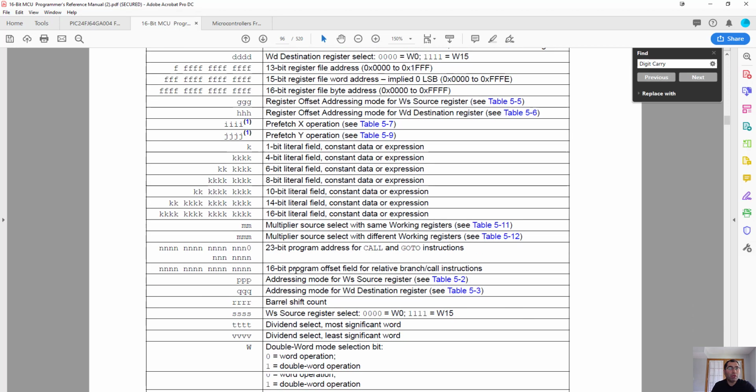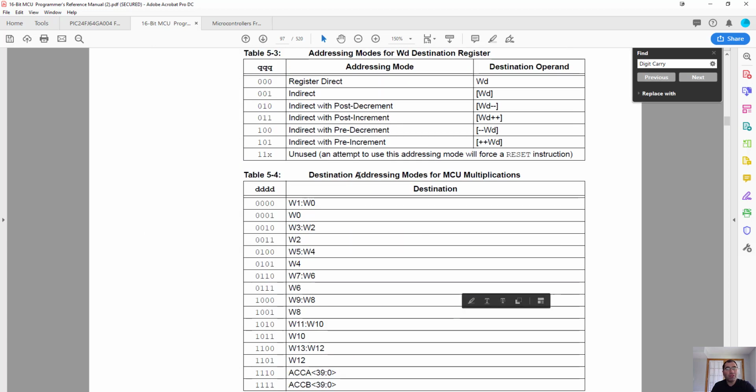Here it says QQQ is the addressing mode for the WD destination register. That doesn't tell much, we had this same line in the instruction page, but let's look at this table. This table really tells you what to put for QQQ, and as you can see, different addressing modes have different QQQ values.